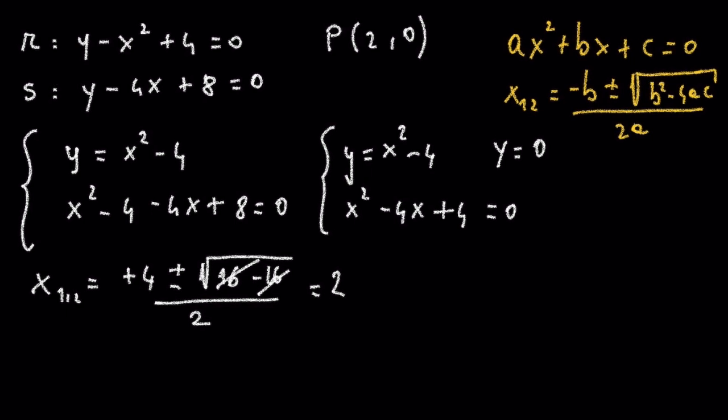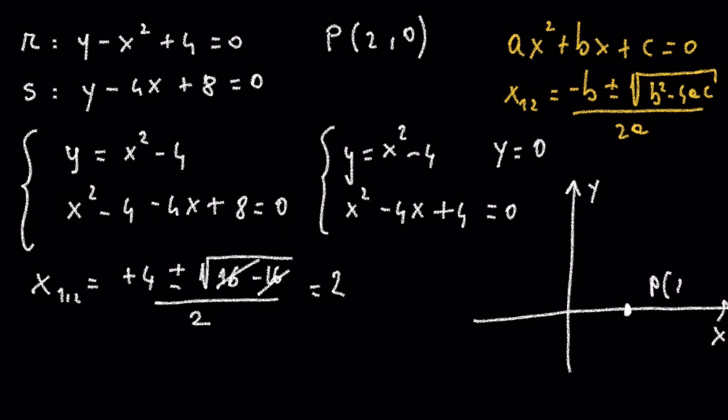Now we draw the Cartesian axis x and y along with the point P, which is here, 2, 0. Next, we want to find the equation of the line parallel to the y-axis and that passes through P. So we want to find the equation of this line, basically.